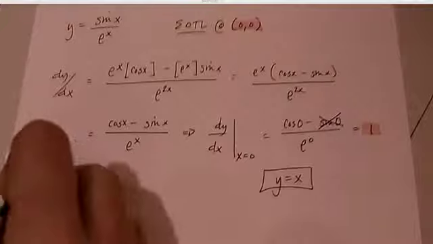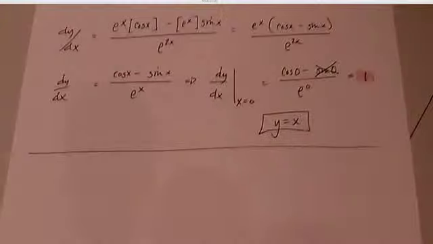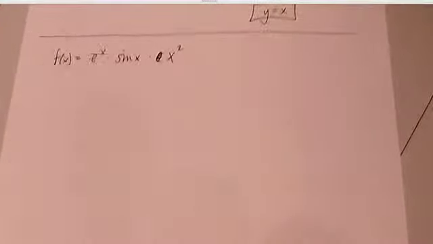Now let's do kind of an obnoxious example of the product rule. And I say obnoxious because it has 3 factors. Okay. Now, I know how to deal with the product rule when it has 2 factors.